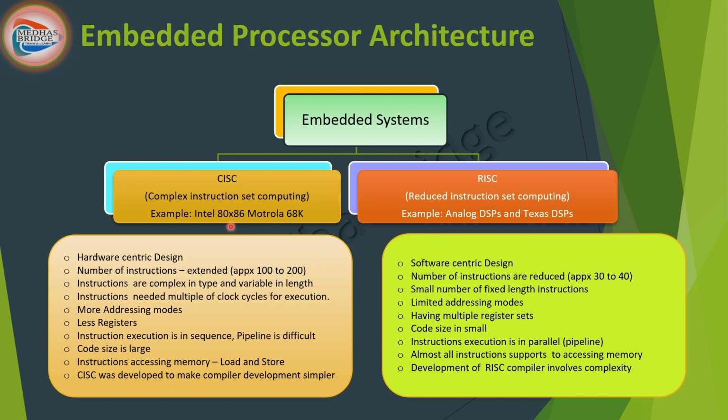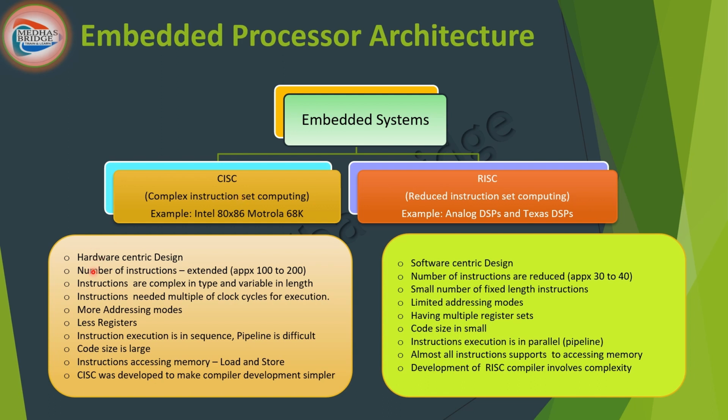For instance, Intel x86 and Motorola 680x0 processors are CISC based processors, whereas Analog Devices DSP and Texas Instruments DSP are considered RISC processors. Let's look at the few important features of each type of architecture.